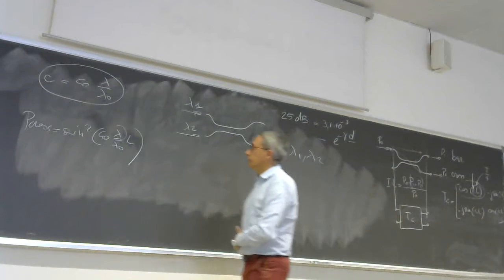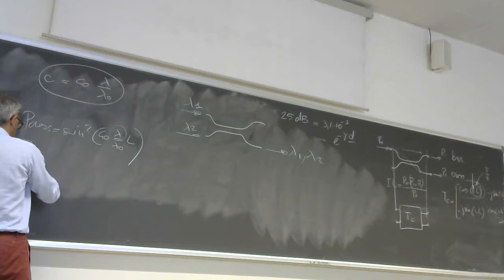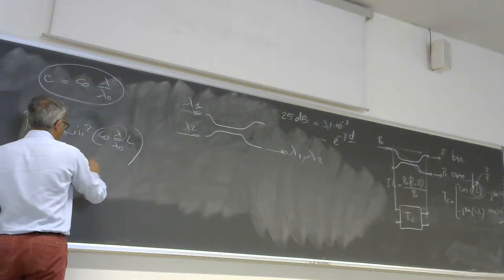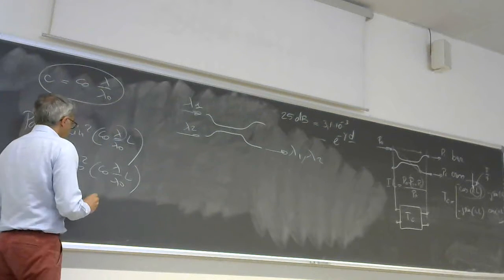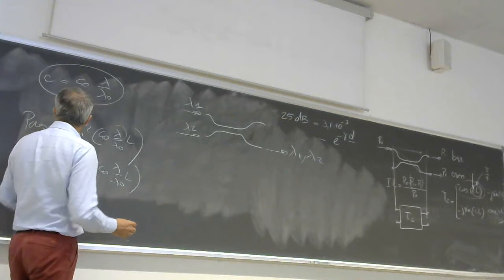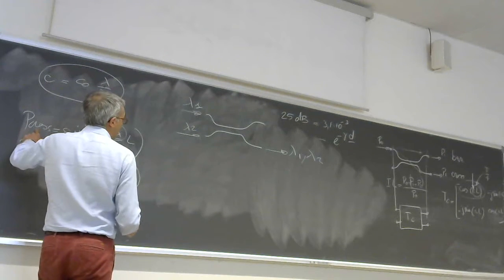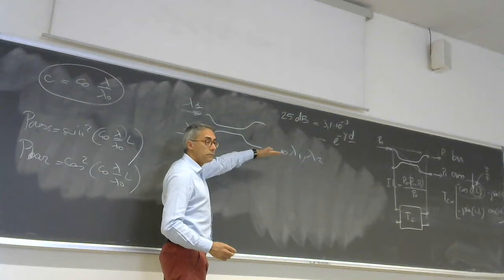So P cross is this one, P bar is the cos square of this expression. And so we have to impose that P cross at lambda 1 is equal to 1.